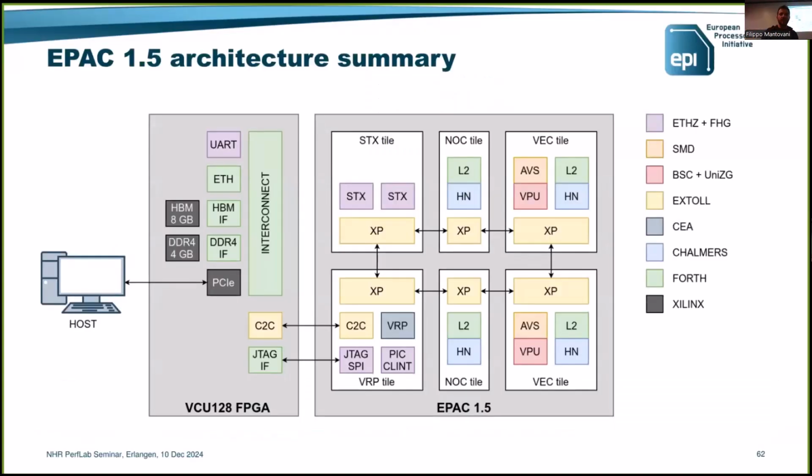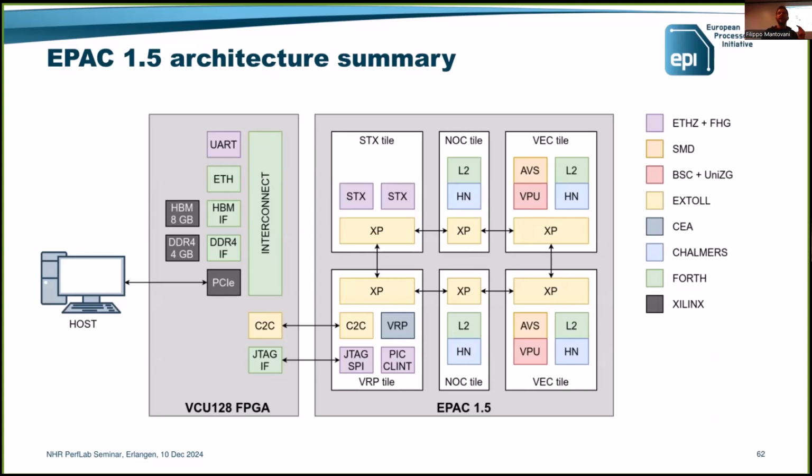There are a lot of details here, but basically you have a chip-to-chip link on the test chip. The test chip doesn't have a memory controller on it, okay? So every time you have a memory access, you go through this chip-to-chip, you end up in an FPGA, and you use the FPGA interface to either DDR or HBM. So you use the memory that is on the FPGA board to get your data.